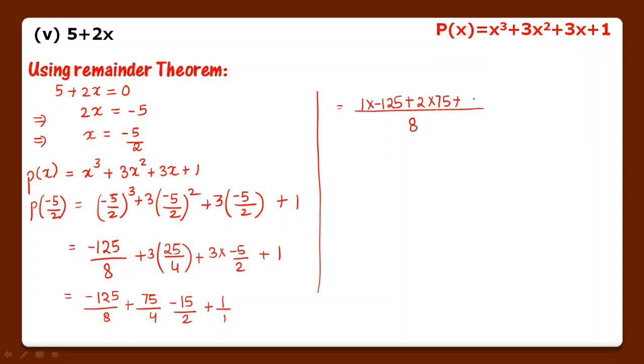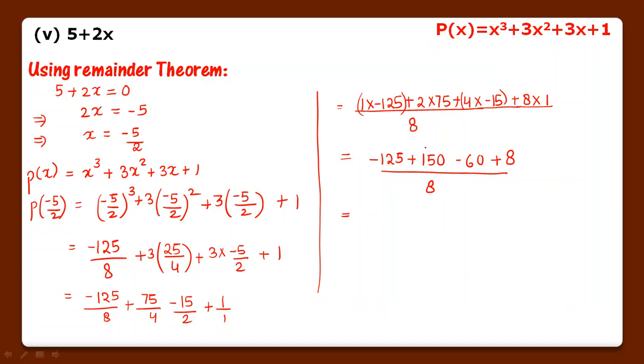Plus 2 के टेबल में 8, 4s into minus 15. We'll write here a bracket so that minus sign के साथ confusion ना हो. 1 के टेबल में 8 कब आता है? 8s into 1. So we'll get minus 125. 75 2s is 150, minus 15 4s that is 60, plus 8 upon 8.